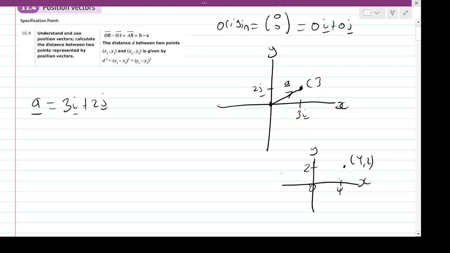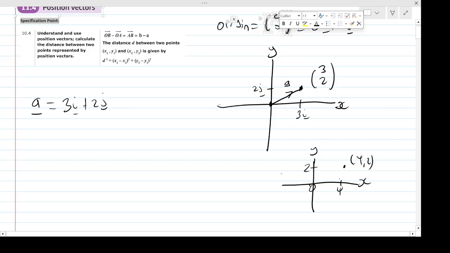It's 3, 2 effectively, but instead of 3, 2 in that way, it's column 3, 2. And so that is a position vector. A position vector in vector form is basically just a coordinate. It's called a position vector because it gives the position of a particular point.